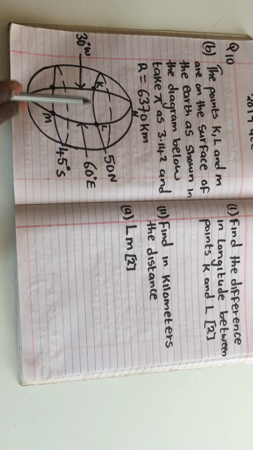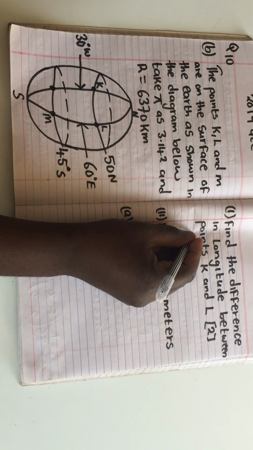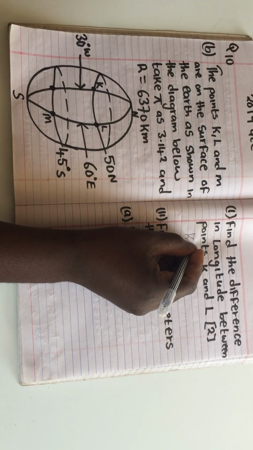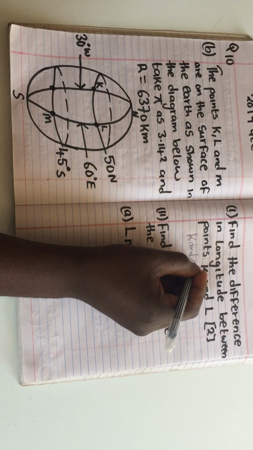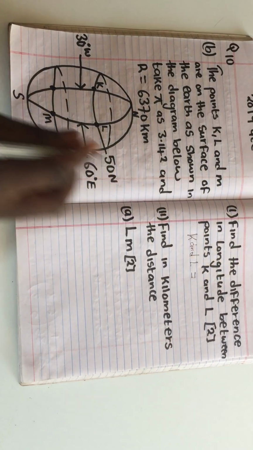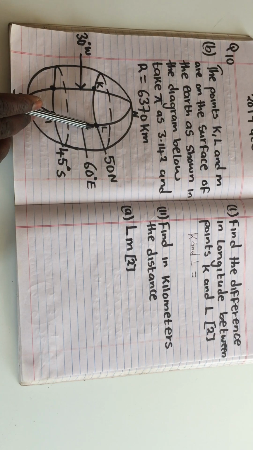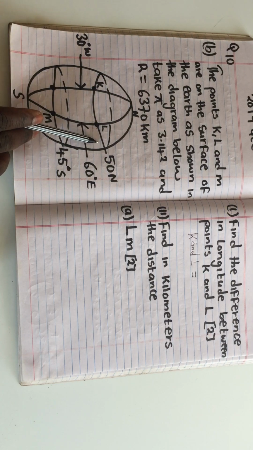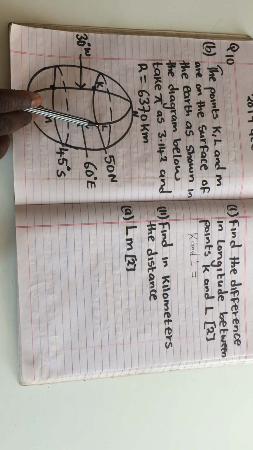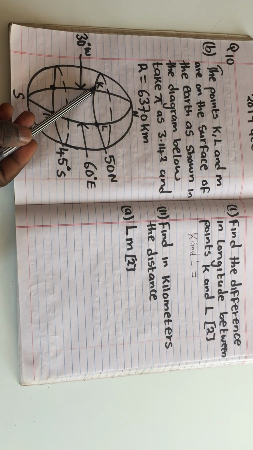So you indicate K and L is equal to. They want the difference in longitude between points K and L. Since this is distance along latitude, what do you do? You add the longitudes for the letters. What is the longitude for K?